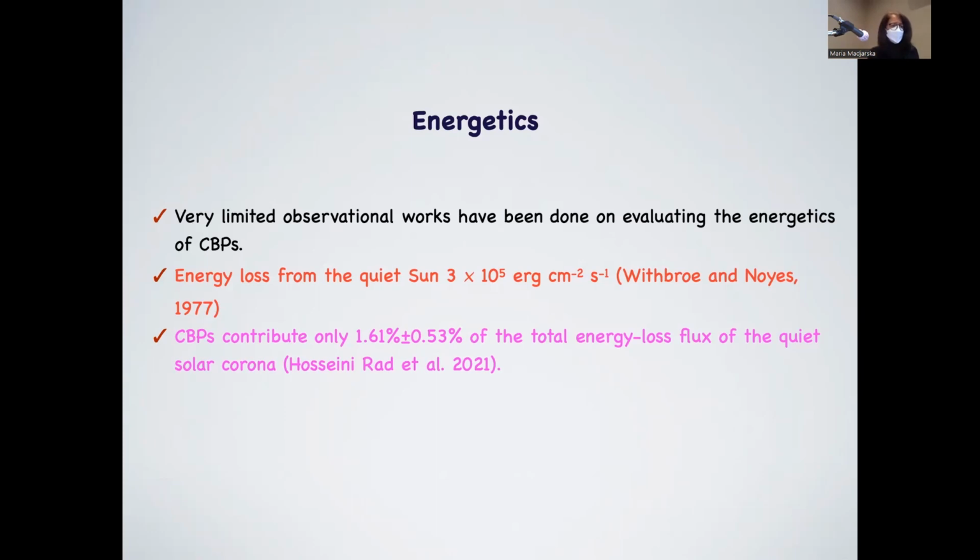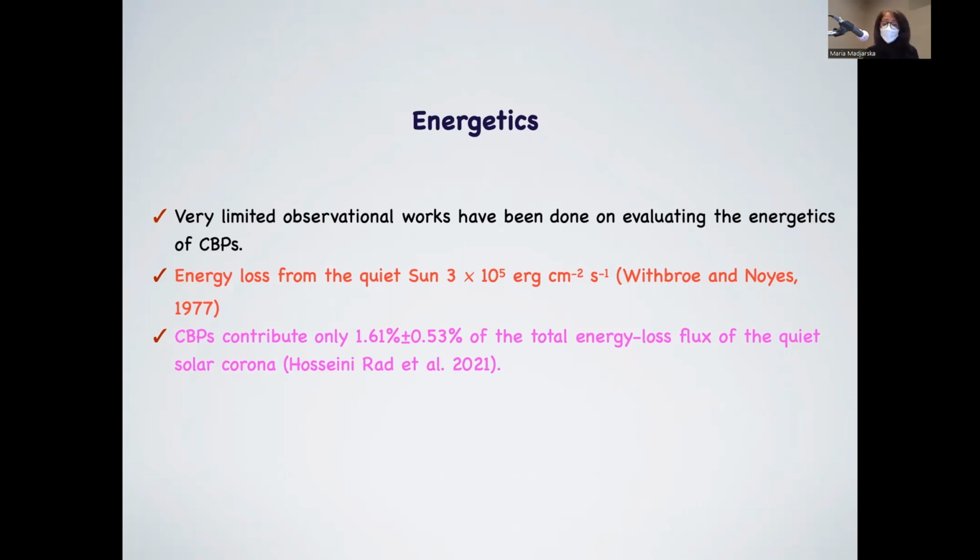They said, well, probably these bright sources provide 20% of the heat, but I have also to mention that the energy loss needed, so the quiet sun is heated constantly, remain at coronal temperatures, is 3 × 10^5 ergs per cubic centimeter per second. So it looked like in the past that 20% is not enough from this loop.